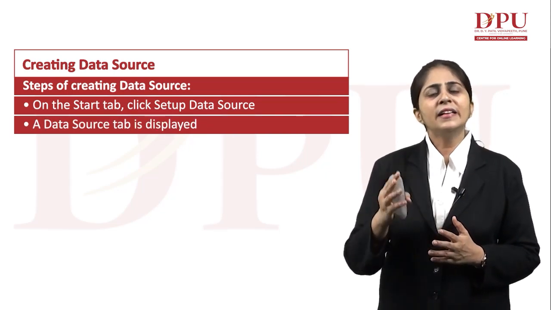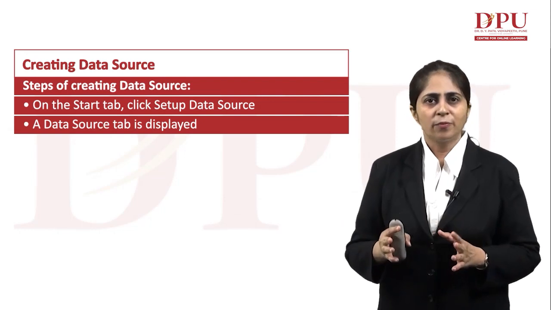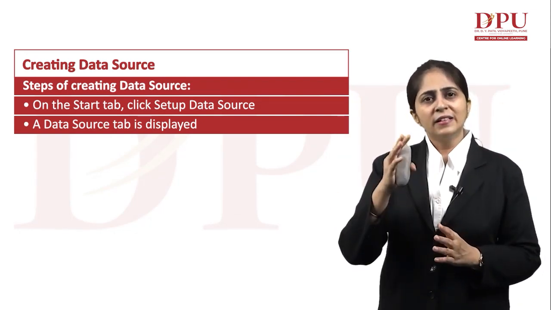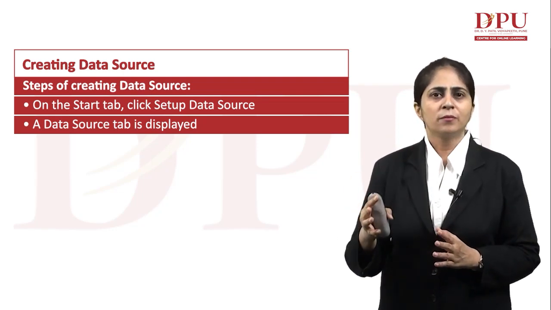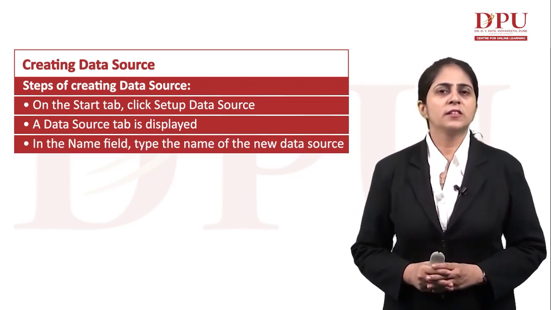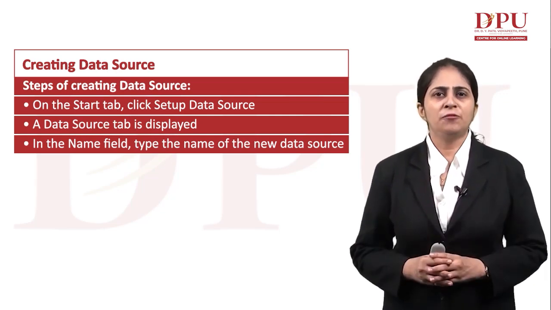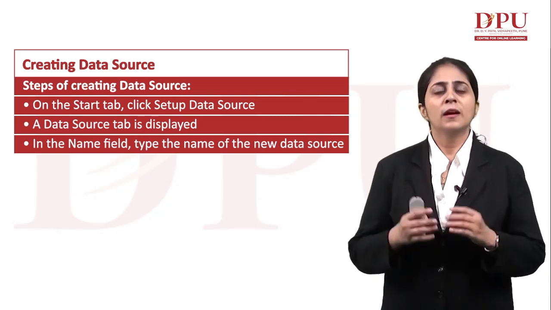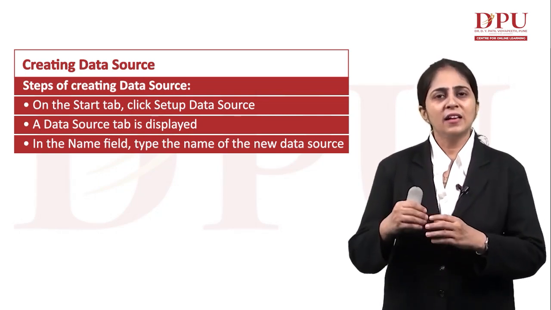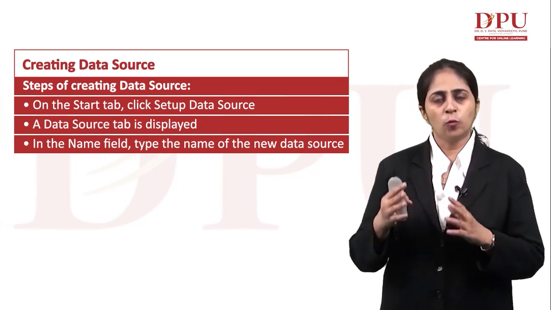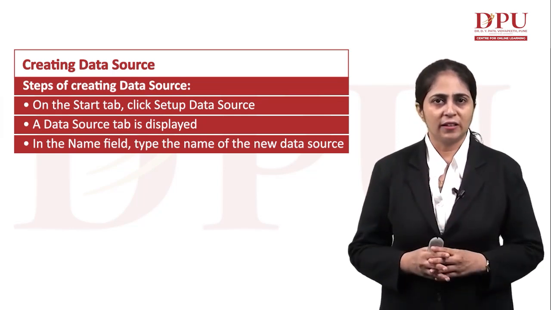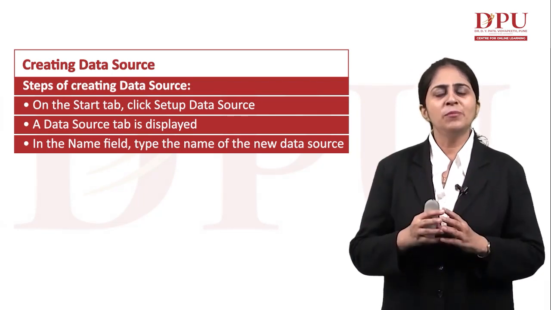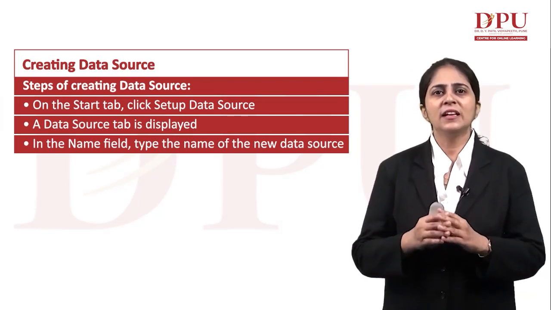Second step: our Data Source tab will be displayed. Once you have clicked on Set up Data Source, you will be shown the Data Source tab. Now, we have the third step. In the name field, we have to type the name of the new data source, because here we are creating a new data source into which we want to store our data. So, the third step is to name this data source, which is done in the name field.